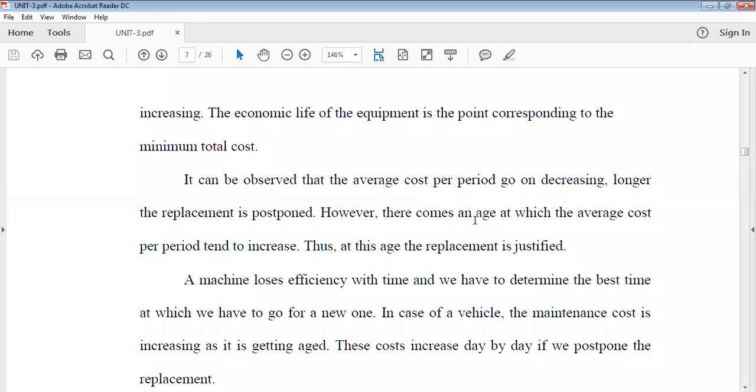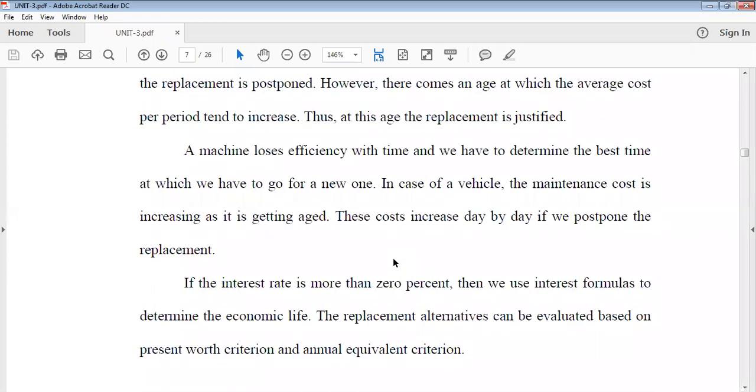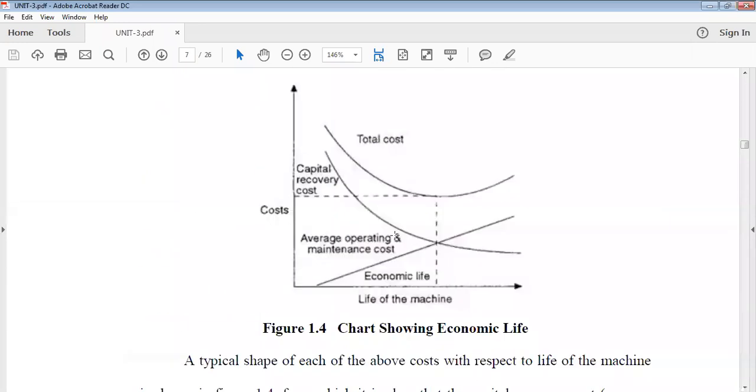However, there comes an age at which the average cost per period tends to decrease. Thus, at this age, the replacement is justified. So, at this particular point of time, one has to replace it.